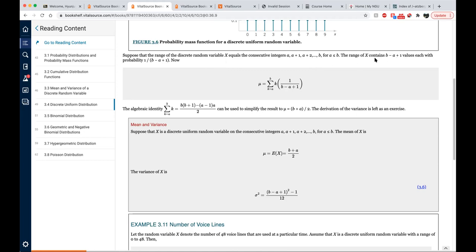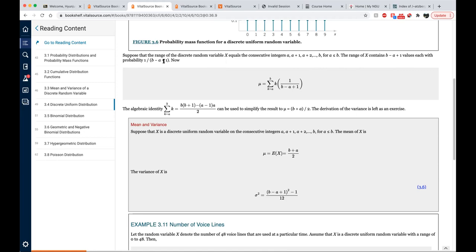It makes sense, right? For example, let's say b is 5 and a is 2. Then how many discrete numbers are there? 5 minus 2 plus 1. So each value has probability 1 over b minus a plus 1, where b minus a plus 1 is the number of outcomes in the range.